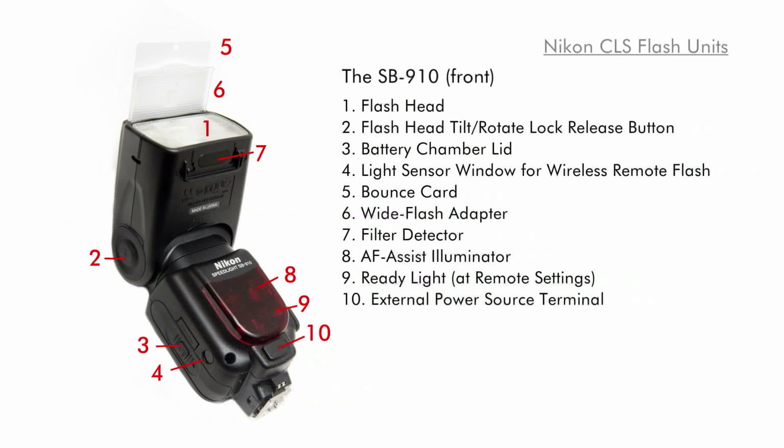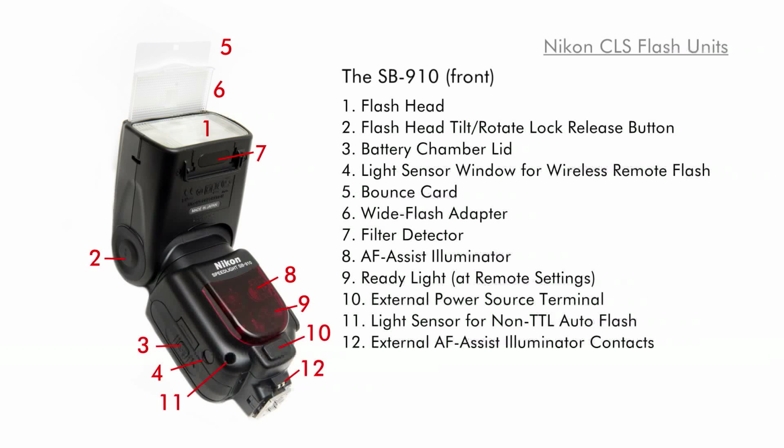The external power source terminal lets you attach the SB910 to the SD9 battery pack, which provides quicker recycle times. This sensor allows the flash to meter the light reflecting off the subject externally, instead of using through-the-lens metering. These contacts let the flash communicate with the camera when the AF assist illuminator is needed.